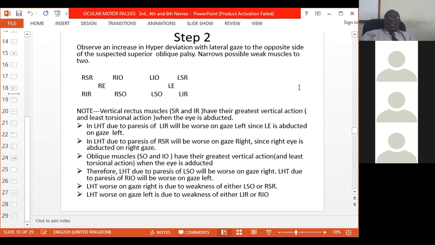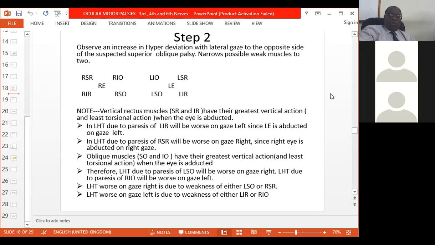Equally, in this eye, it will be the obliques. In left hyperdeviation, looking to the left side, due to paralysis of the left inferior rectus, it will be worse on the left side in abducted position. Abducted.